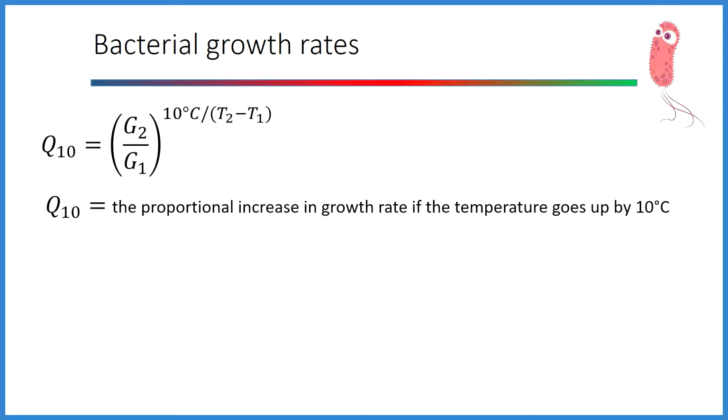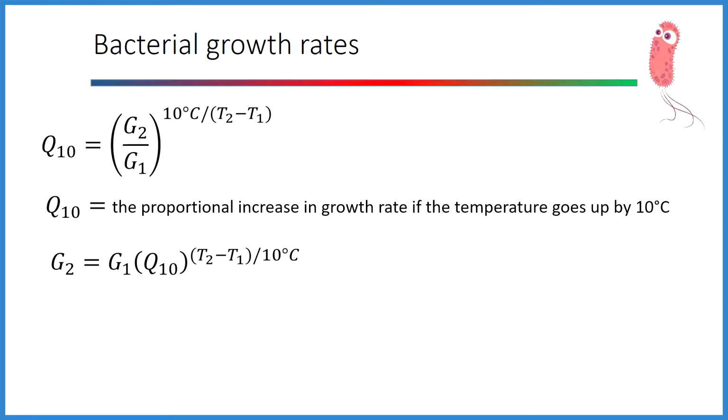If we know the Q10 for a bacteria, and we know the growth rate at one temperature, which we'll call G1, then we can calculate the growth rate at any other temperature using the equation G2 equals G1 times the Q10 value raised to temperature 2 minus temperature 1 divided by 10 degrees Celsius.